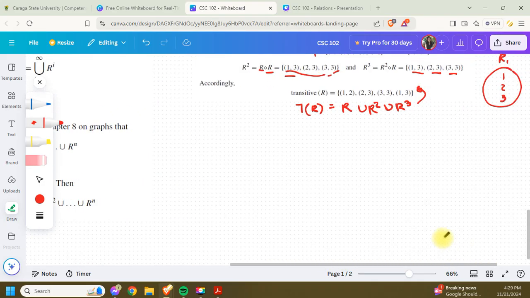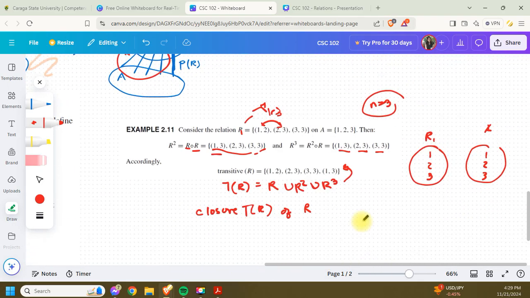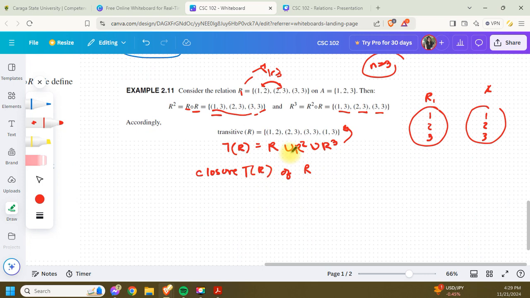So that makes this the closure of R. Similar to the earlier ones, to make it reflexive, this is what we add. To make it symmetric, this is what we add. To make it transitive, R2 or R3 is what we add.